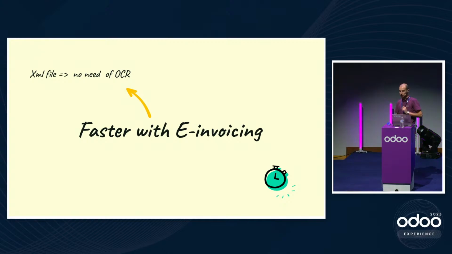So this is really an important point. And as there is no OCR, there is also an instant recognition of all the information, because all the information is structured the same way for all the invoices, and our AI can just go in this file and pick up all the information needed to fill everything in Odoo.